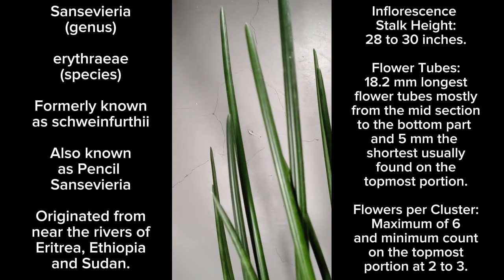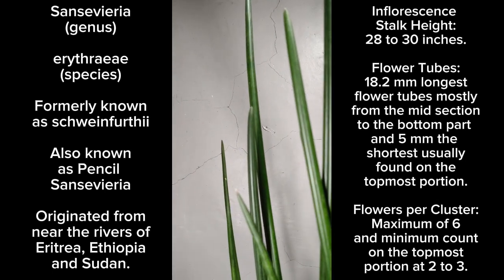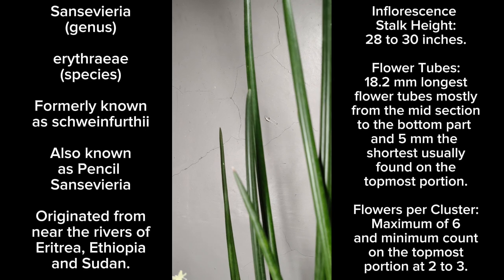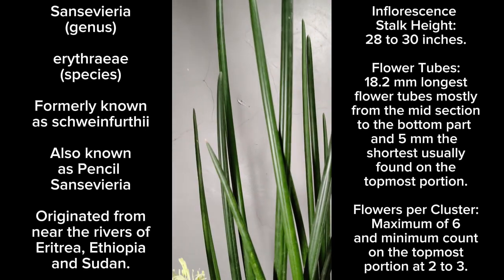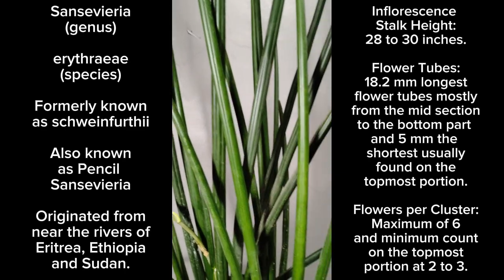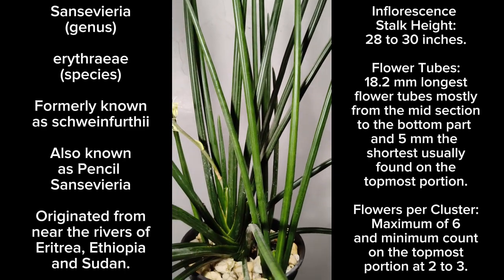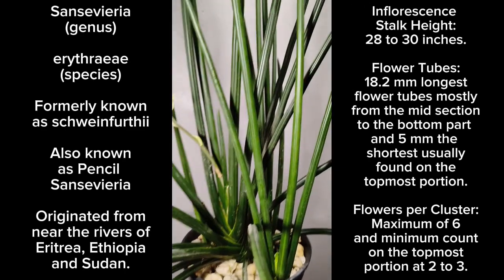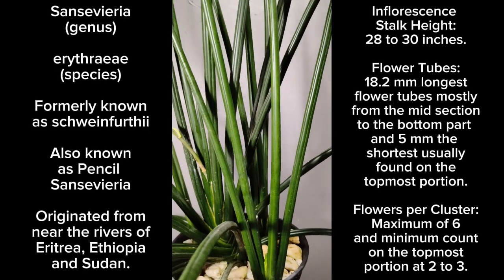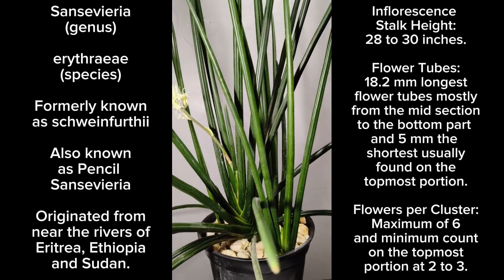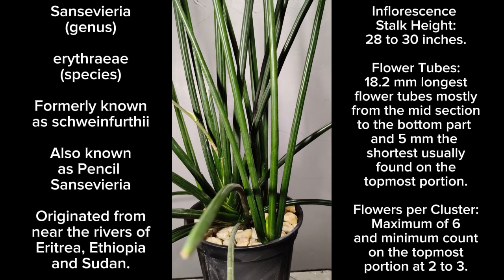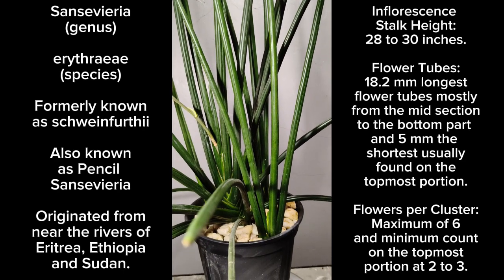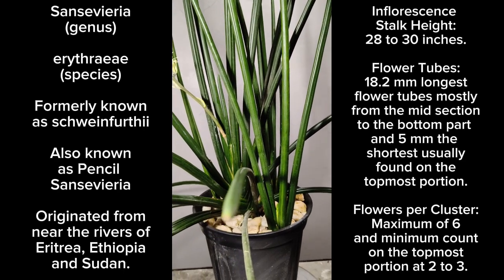So I would say that the leaf length would be around 17 to 26 inches in length. So those are the data that we have managed to record with regards to the specimen that I have for this species known as Sansevieria erythraeae.